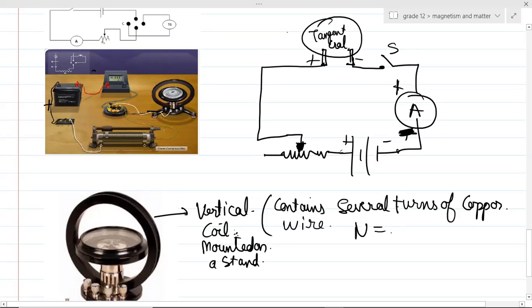Generally, the number of turns will be given to you. Let's say 1,000 turns. And even the radius is given to you. Generally, the standard size is that the radius of this coil is 10 centimeters. This is the standard size.